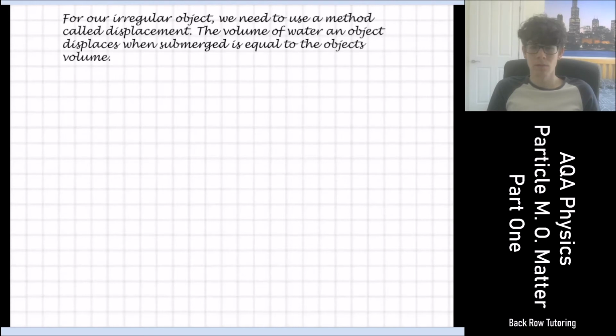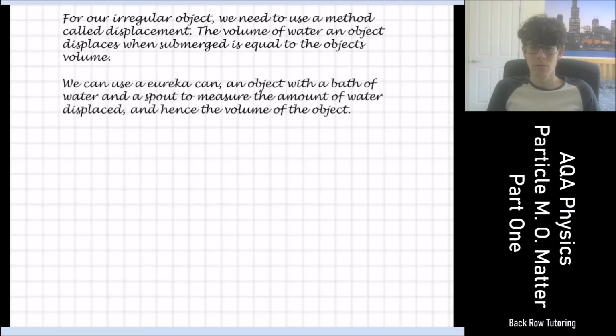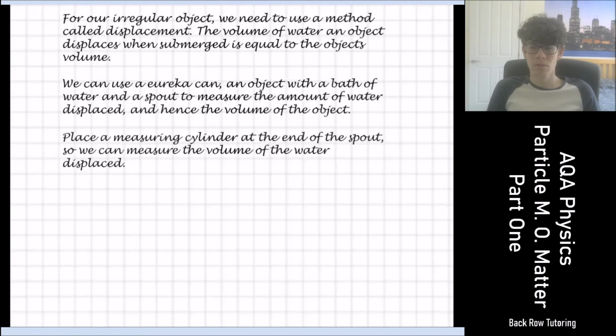For our irregular object, we need to use a method called displacement. The volume of water an object displaces when submerged is equal to the object's volume. We can use a Eureka can, an object with a bath of water and a spout, to measure the amount of water displaced, and hence the volume of the object. Place a measuring cylinder at the end of the spout, so we can measure the volume of the water displaced.